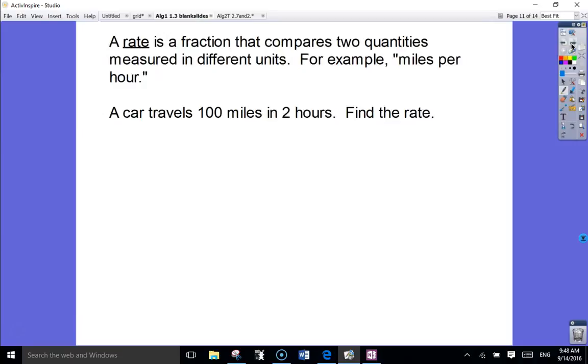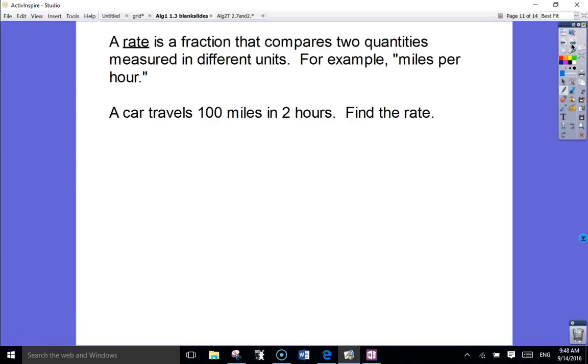Okay, let's try another one. Quiet, please. Okay, a rate is a fraction that compares 2 quantities measured in different units. For example, miles per hour, right? Those are 2 different units, miles and hours. So when we make a fraction out of those, that's called a rate, right?